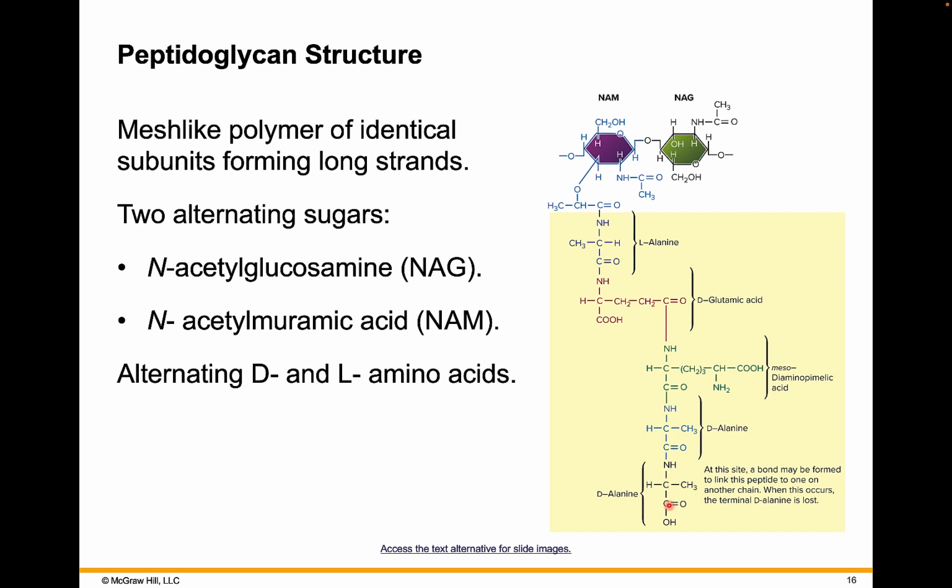The interesting thing I'm pointing out here is that this L-alanine is found in human beings. We have L-alanine, and all of the 20 amino acids that we have are L-handed, or left-handed, in stereochemistry. Now, this D-glutamic acid, meso-diaminopimelic acid, and D-alanine are D-handed, or right-handed, and these are not found in human beings or in the animal kingdom.